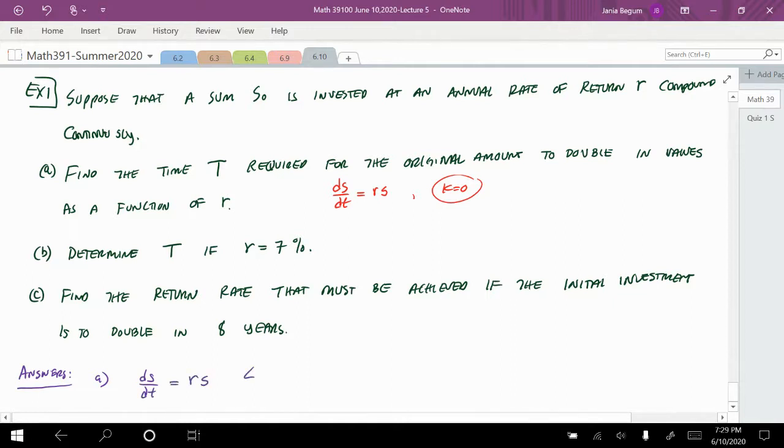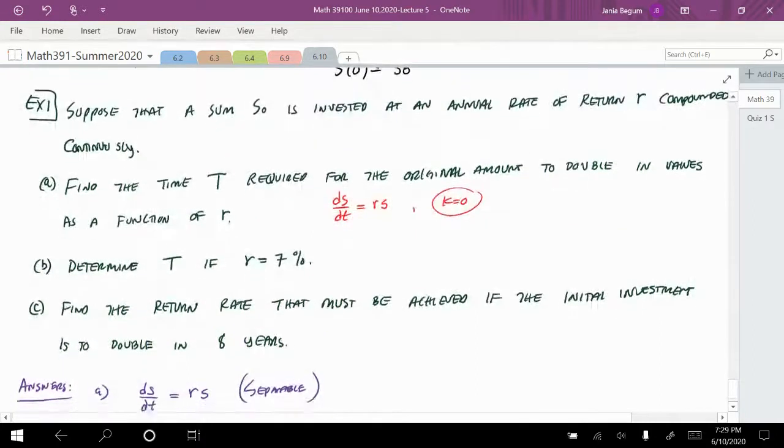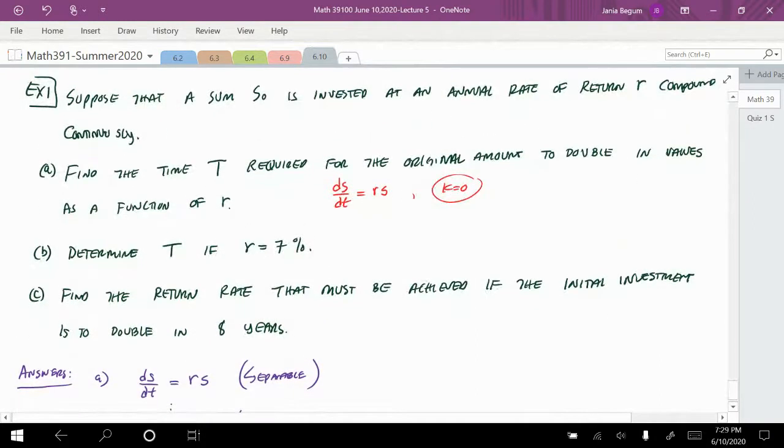This is separable. So you can go ahead and separate the variables, find the solution. But we know this is just the function s of t is equal to c times e to the rt, where c is the initial condition, right? So initially, what's given to us in this problem?